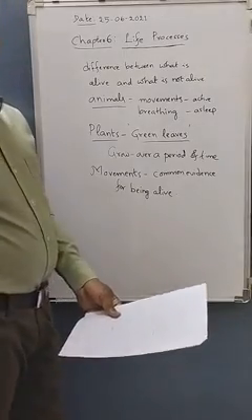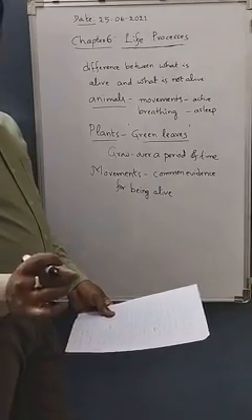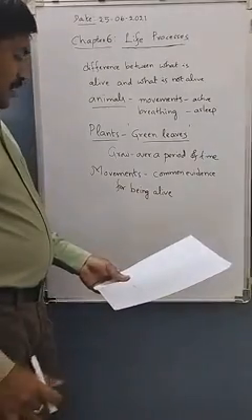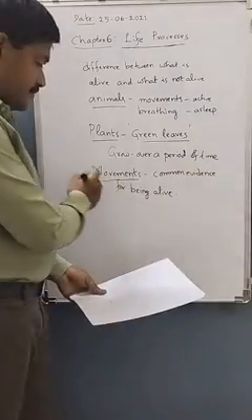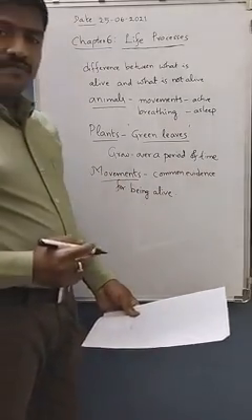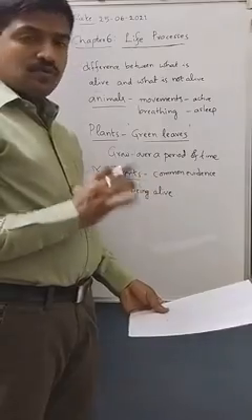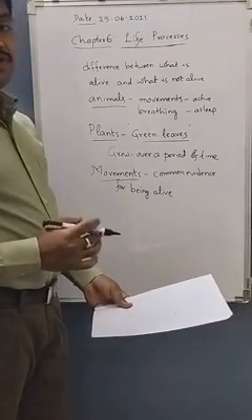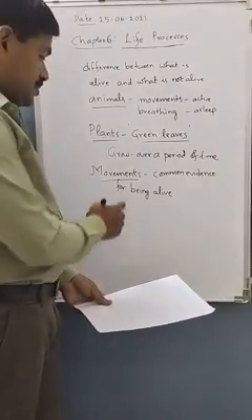Movements are the common evidence for being alive. Okay. And these movements are of two types: the movements which are not related to growth, and the movements which are related to growth.